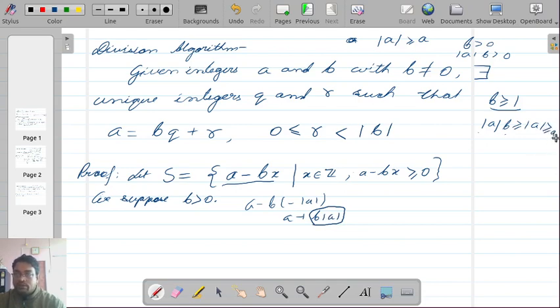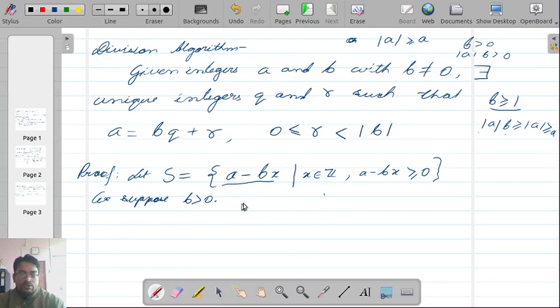Modulus of a is already greater than or equal to a. So even though a may be negative, when we add them, this sum will be positive, or say non-negative. So this is what we will take.